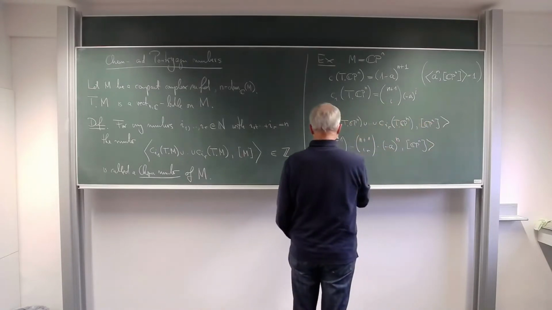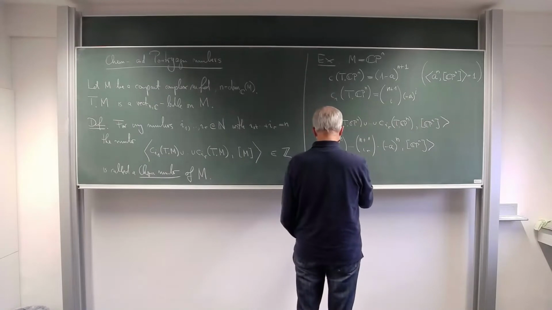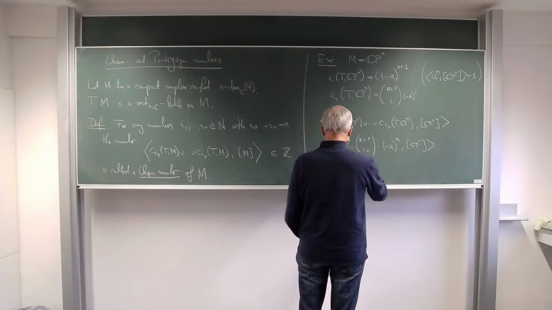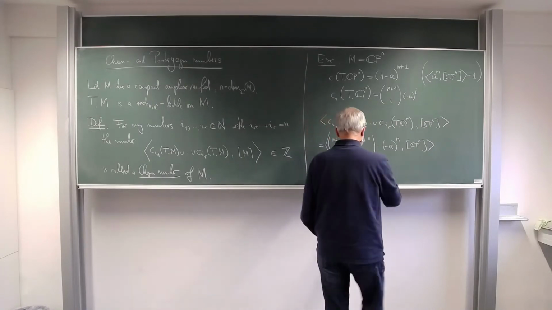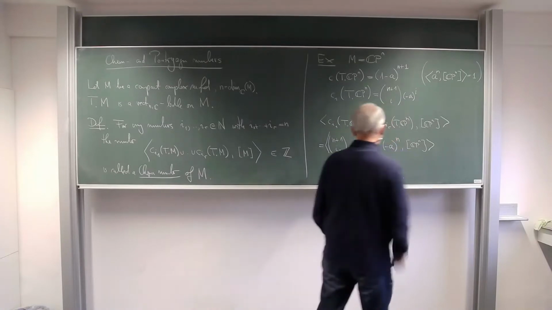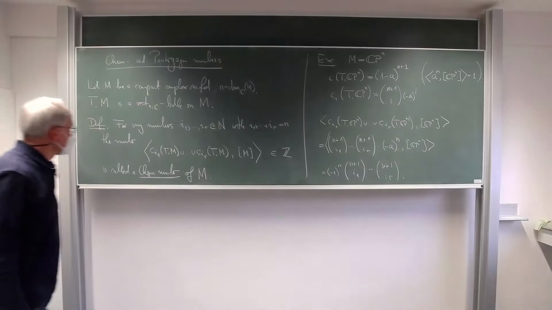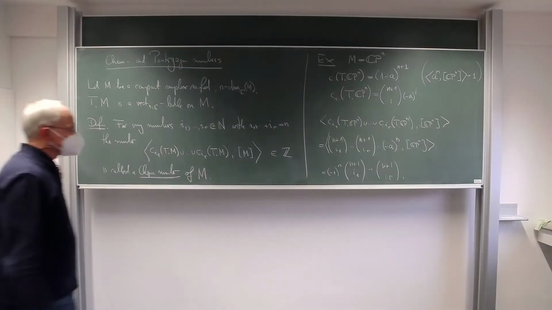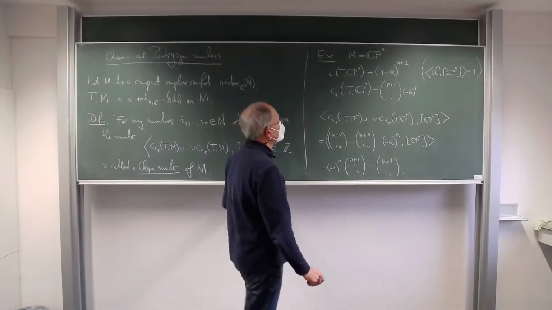And so this gives me (-1)^n times n+1 choose i_1, etc. So these are the Chern numbers.